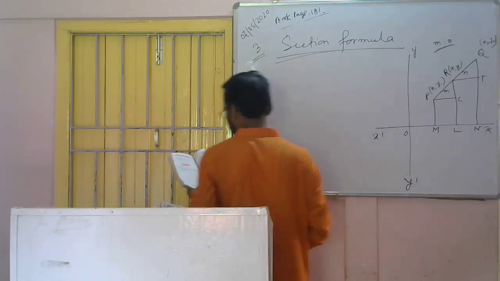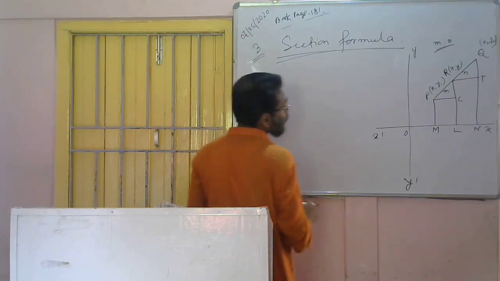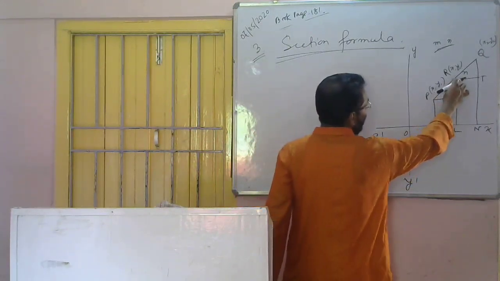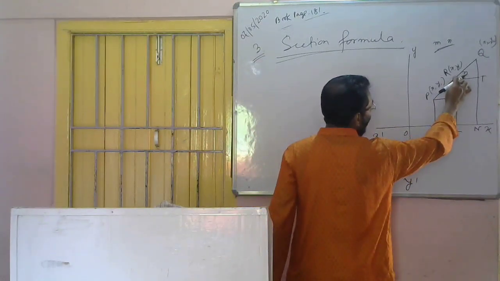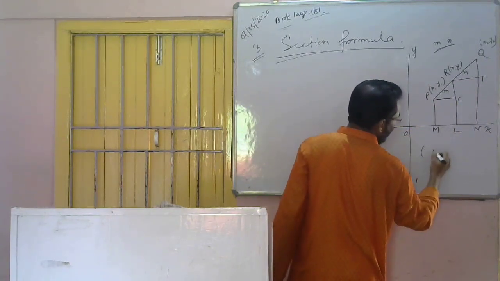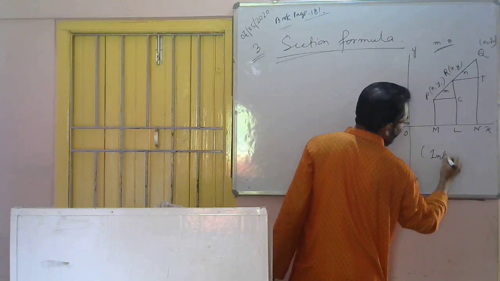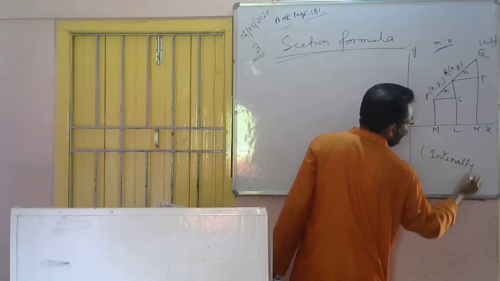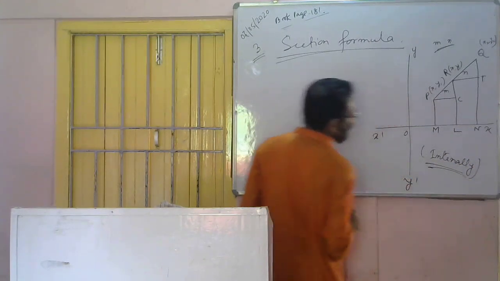Now you see this point is in between P and Q, so this is internal division.